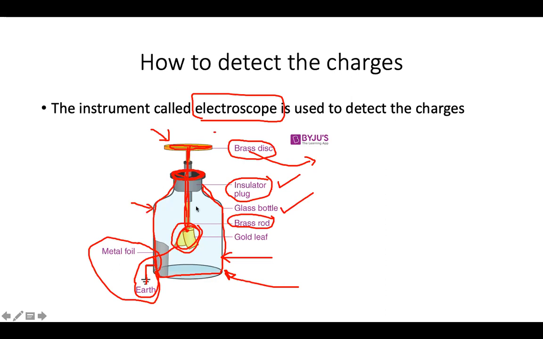Secondly, why do we need a gold leaf? Gold leaves are different, of course. But basically what happens is this. This gold leaf is going to detect how many charges are possessed by the rod that we brought near it.